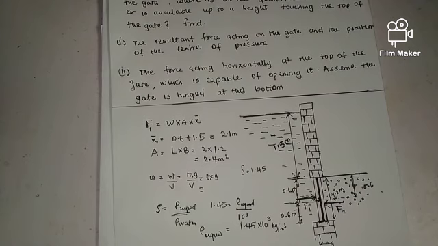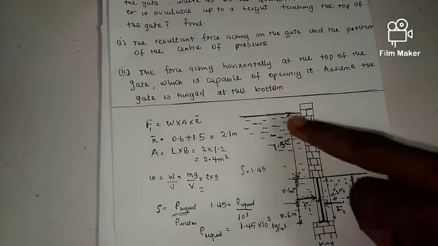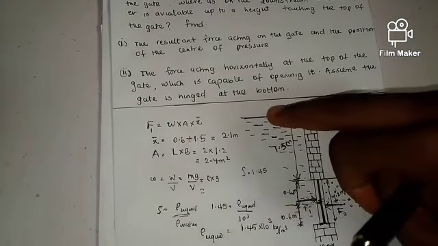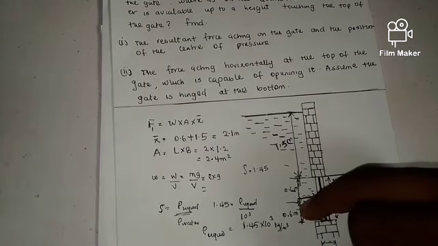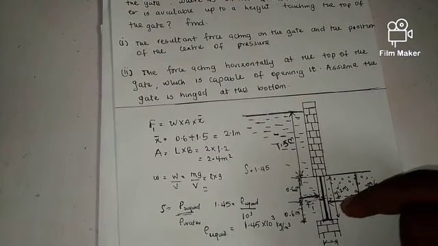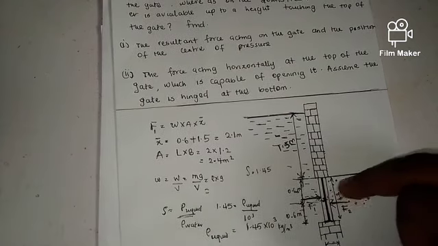Now if you remember, hydrostatic law states that the pressure will basically increase due to the depth of the liquid. Due to this, the depth of the gate from this liquid here, the force acting on this gate will be higher than the pressure acting on this gate due to water.